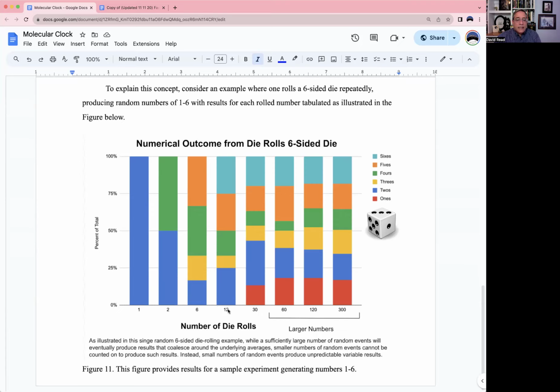Eventually, as I've rolled the die 60 times, or 120 times, or 300 times, it's not exactly 1/6 each, but you get the law of large numbers, and things start to coalesce around their averages. It starts to be about 1/6 each. But that only happens when you're dealing with a lot of events.